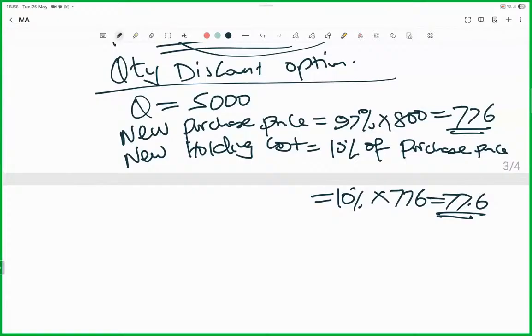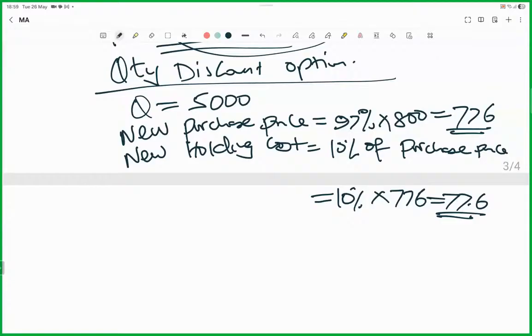So now from here, what do you think will be the next thing to be done? Will you hear somebody telling me, Mwalimu, calculate EOQ? Do we calculate EOQ here when knowing which quantity we're going to order? No. Here, basically, go ahead and give us total cost for procuring this.